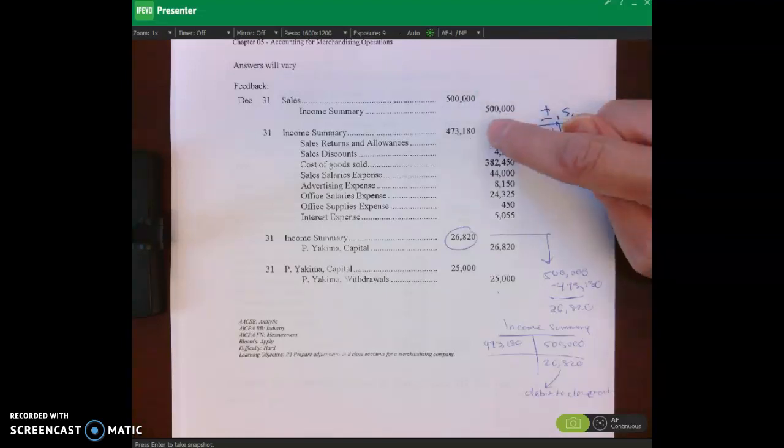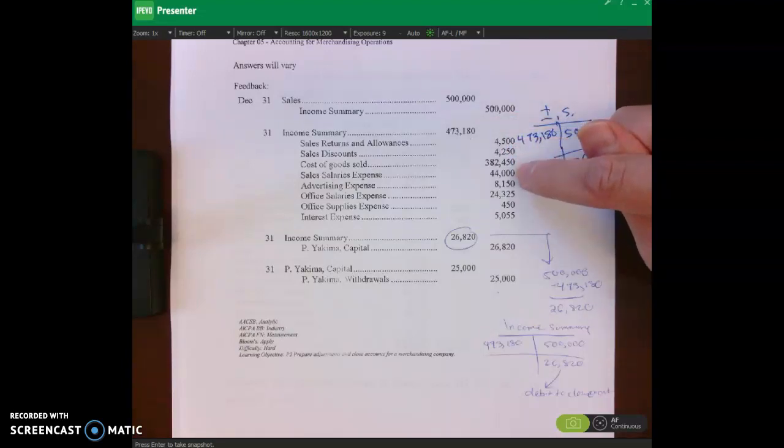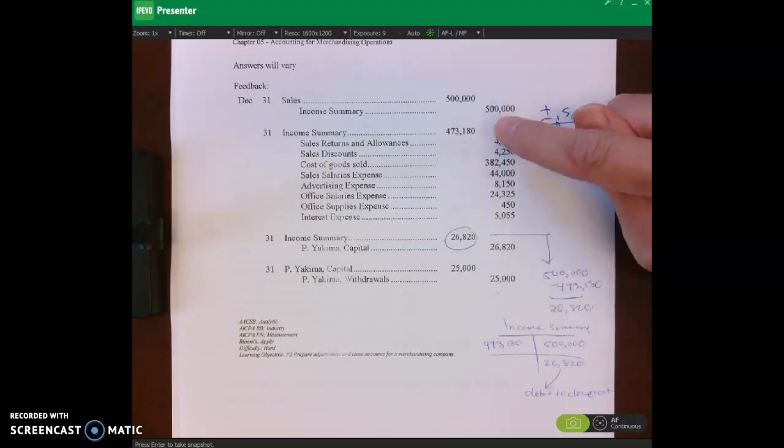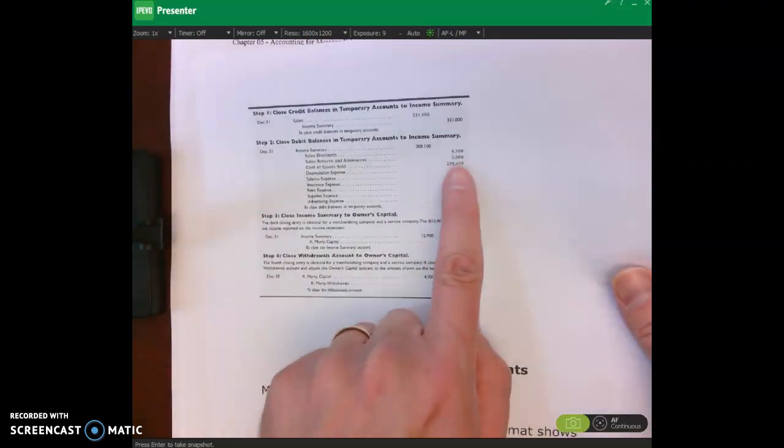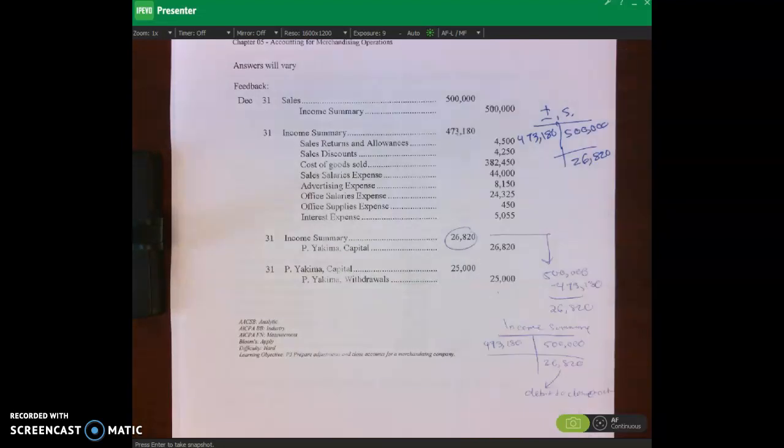The next one is to add up the sales returns, sales discounts, cost of goods sold, sales salaries expense, advertising expense, office salaries expense, office supplies expense, and interest expense, and you get $473,180. You will debit income summary for $473,180, just like what we did on page 106, just different dollar amounts.